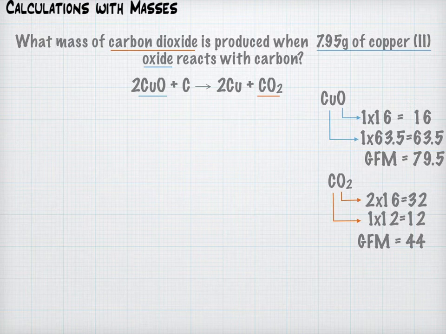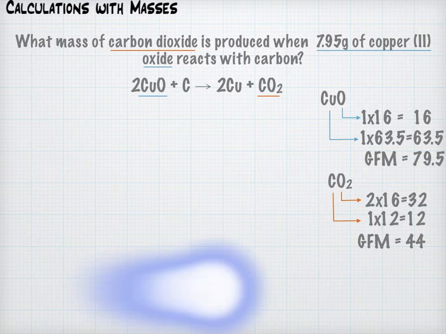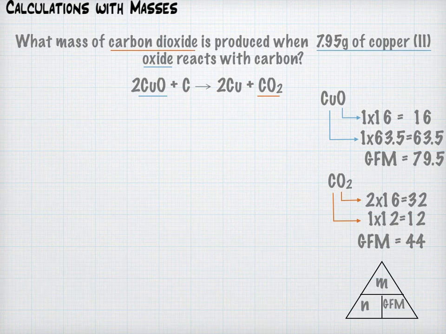Okay. Now then, I'm told here about the copper oxide. I'm told I've got 7.95 grams of it. I now know both the mass and the gram formula mass for copper oxide. That means I can go ahead and work out the number of moles using that nifty triangle that we looked at last time.